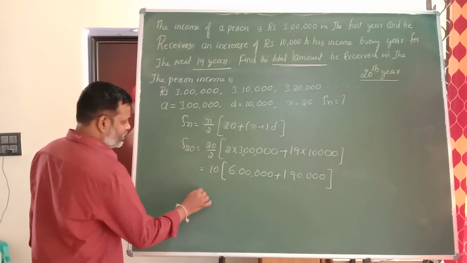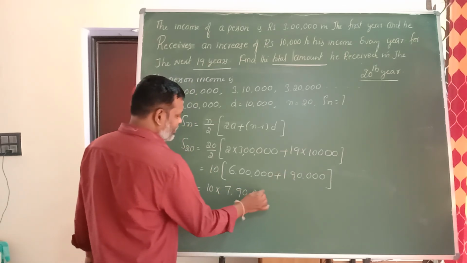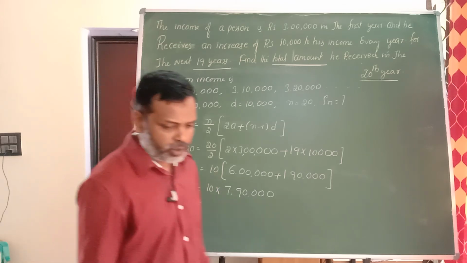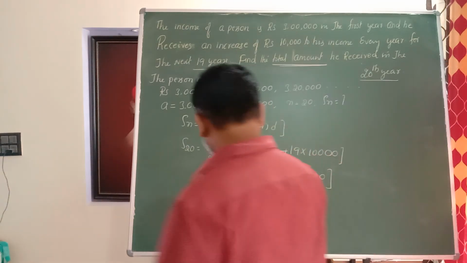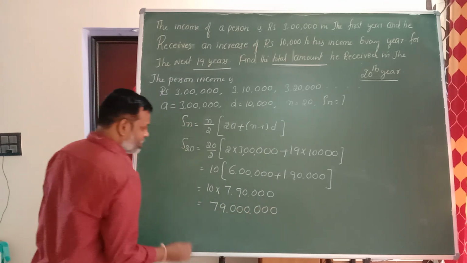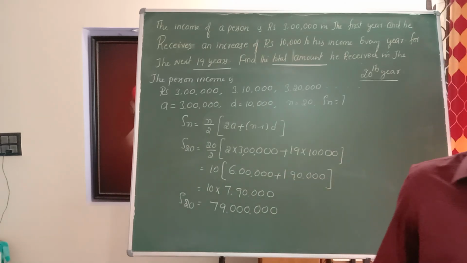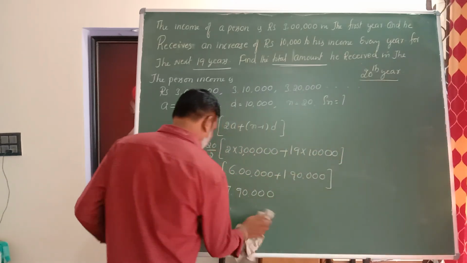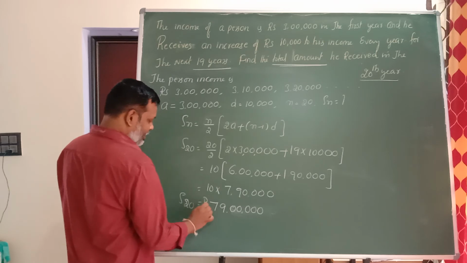So 10 into 6 lakh plus 1 lakh 90,000, that is 10 into 7 lakh 90,000, which is 79,00,000.